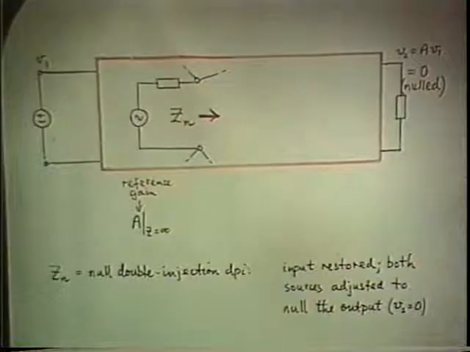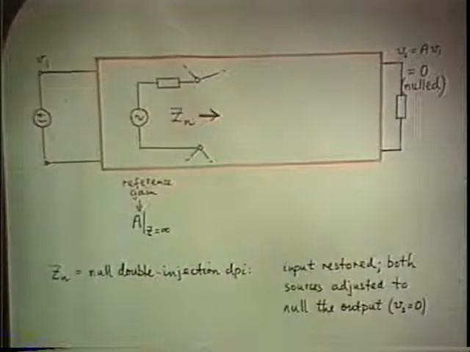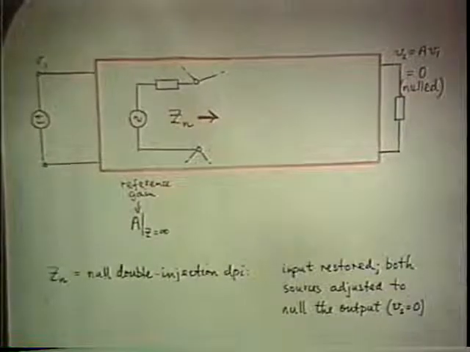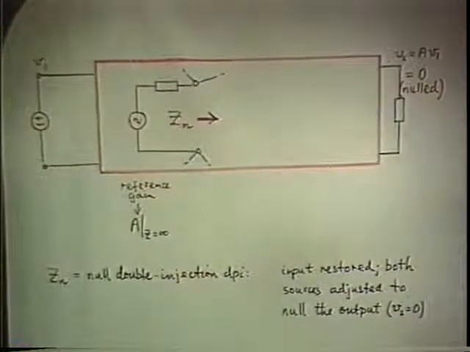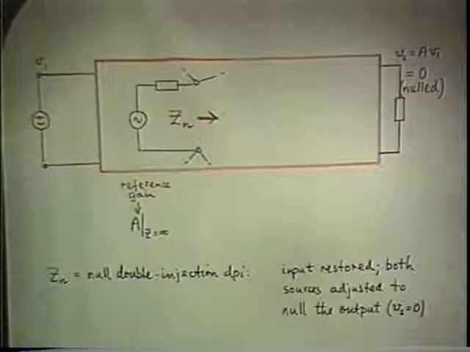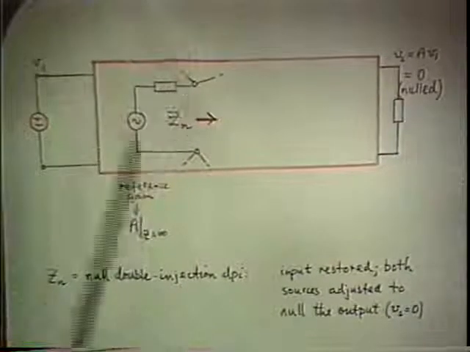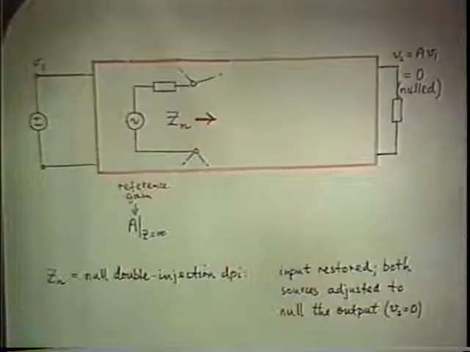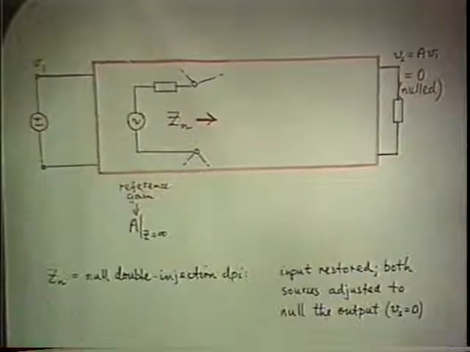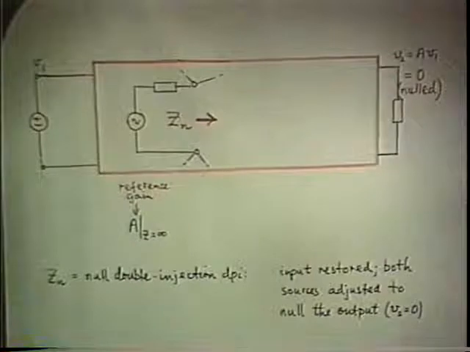What you are used to doing is single injection calculations. In other words, there's only one independent input signal at a time. Maybe you calculate different transfer functions with different inputs, but you only do them one at a time. This is something new. This is driving a system with two independent inputs simultaneously. Double injection.